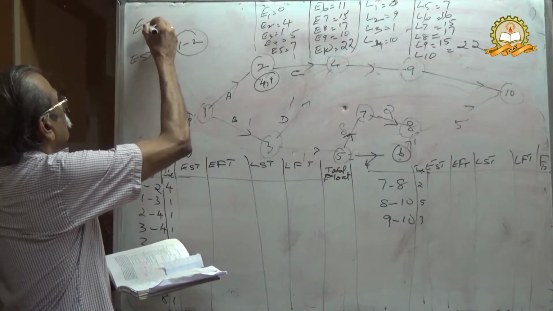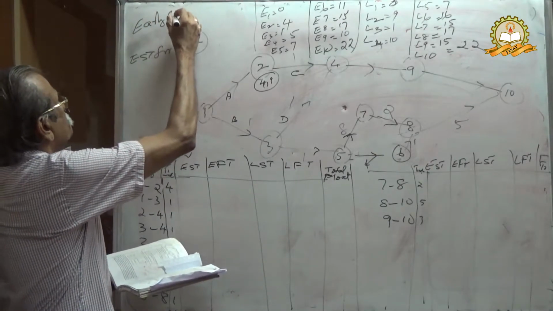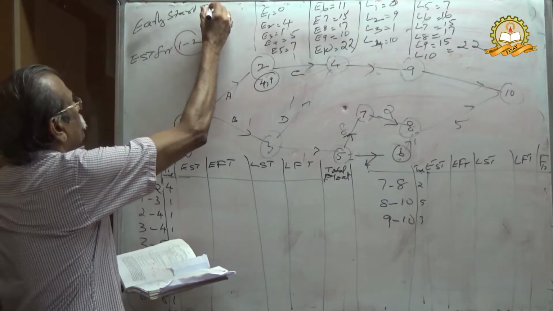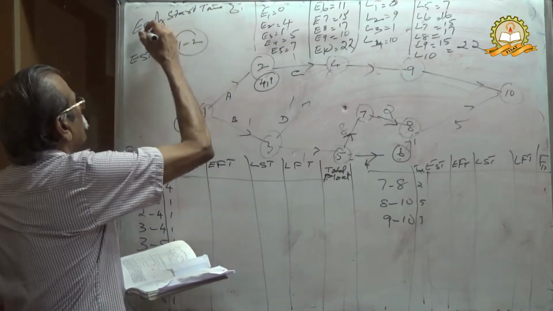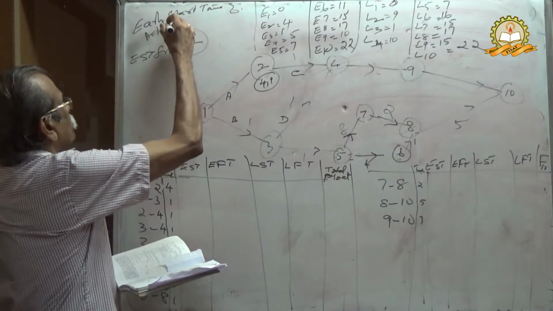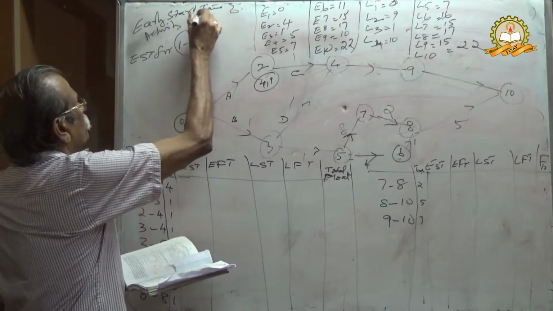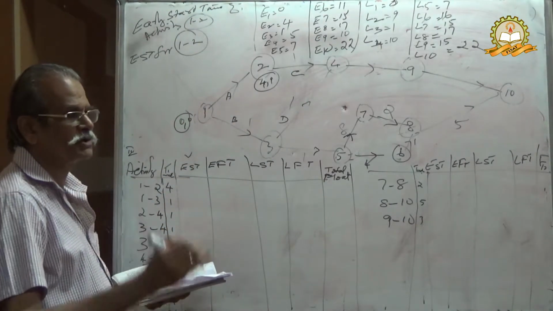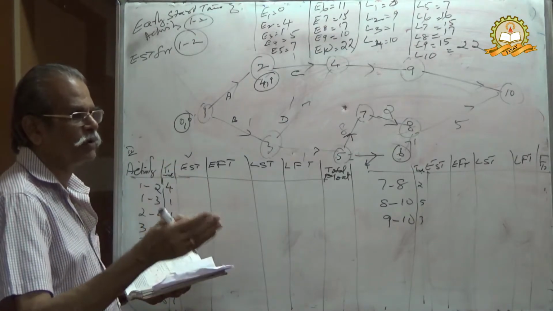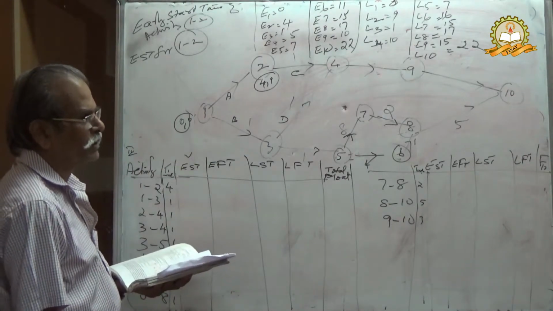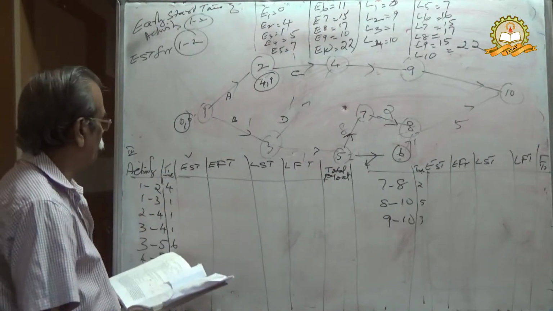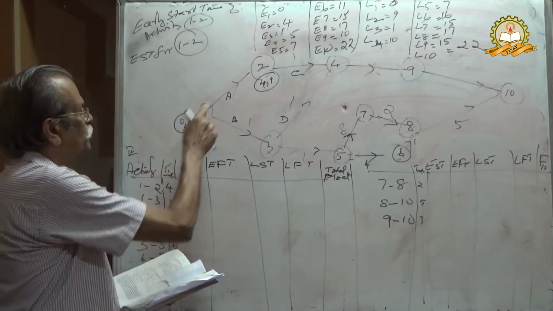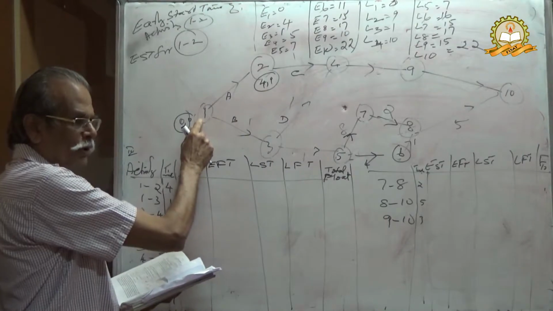Early start time of activity 1 to 2. Early starting time of an activity is the time at which you should initially start the job, like starting the exam writing. Therefore, 1 to 2, this is the starting point.